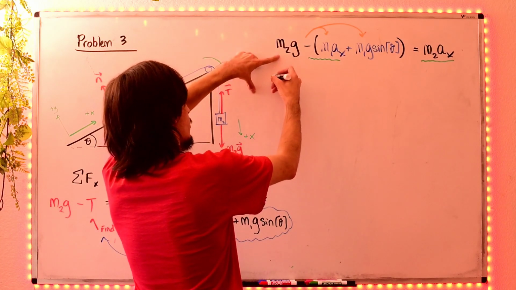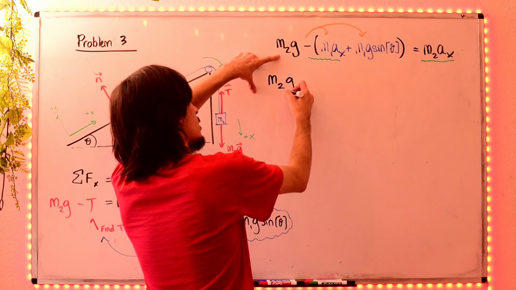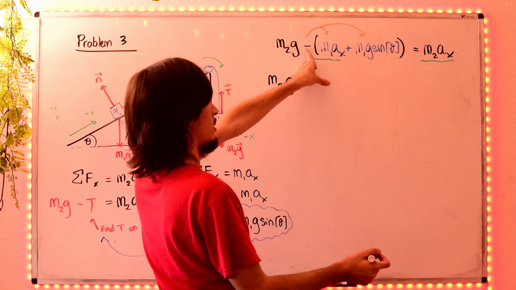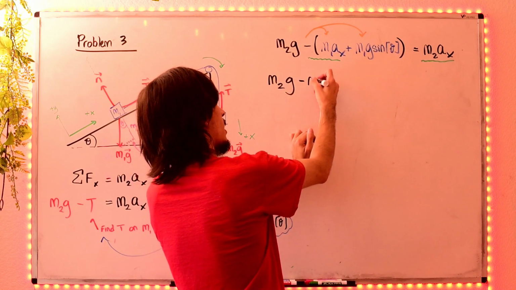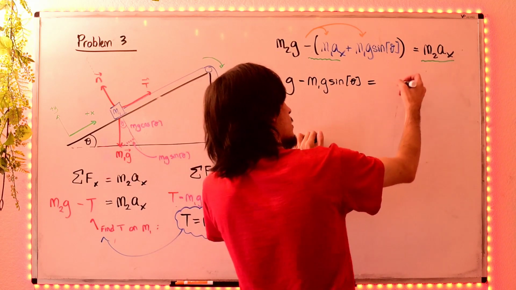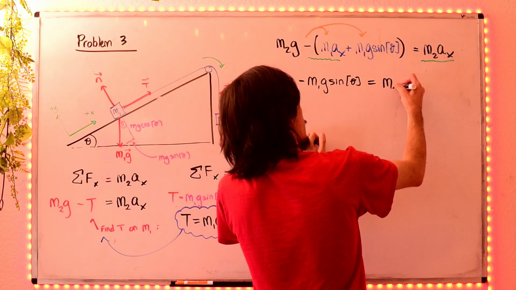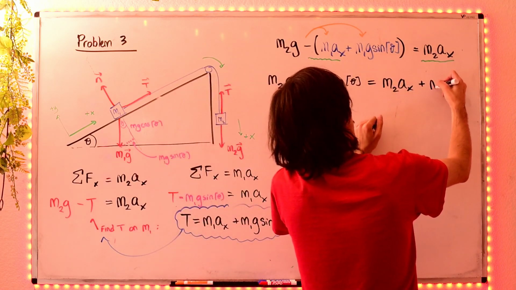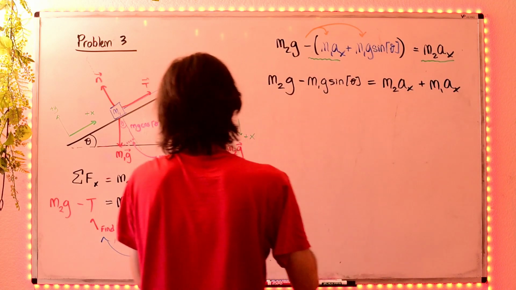So we have, starting from the left, m2g. This term is moved over, and then we had distributed the minus sign here, so it's going to be minus m1g sine theta equals, right side, we have m2ax plus the term we moved over, which is m1ax.